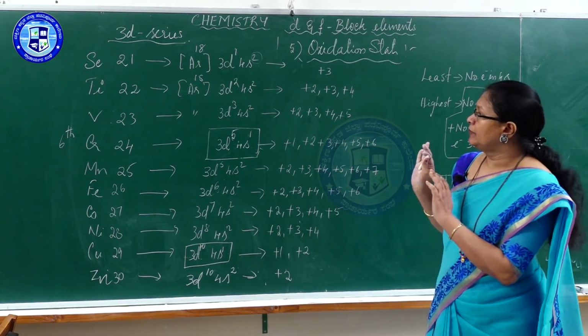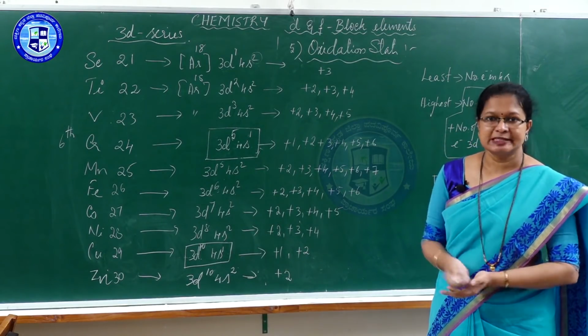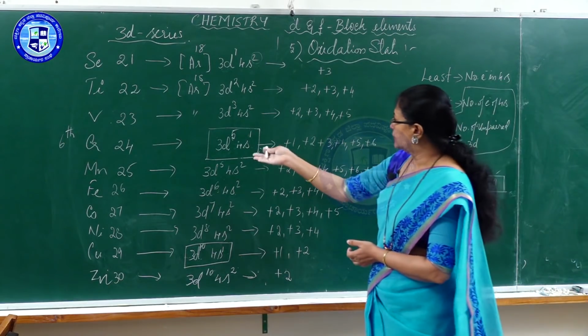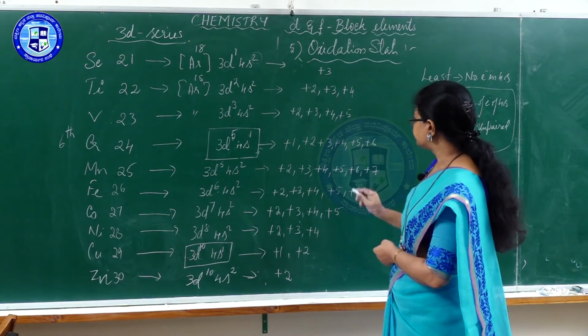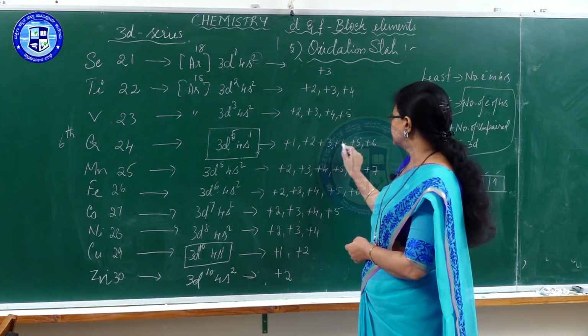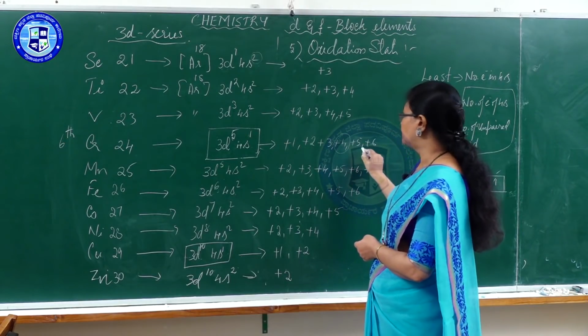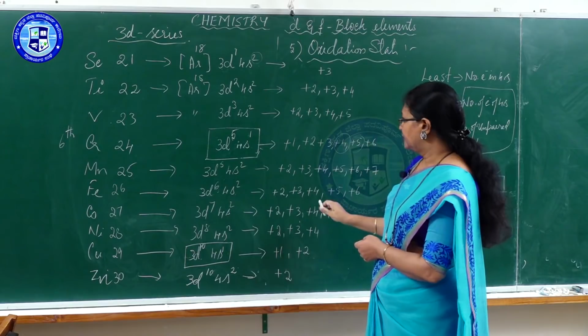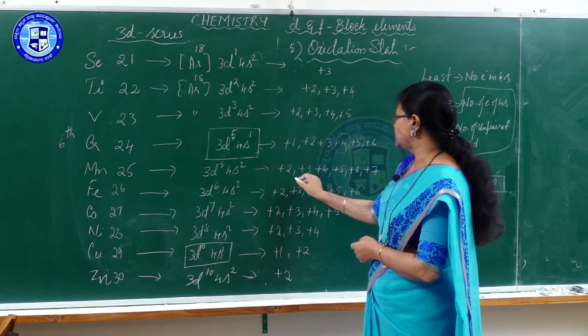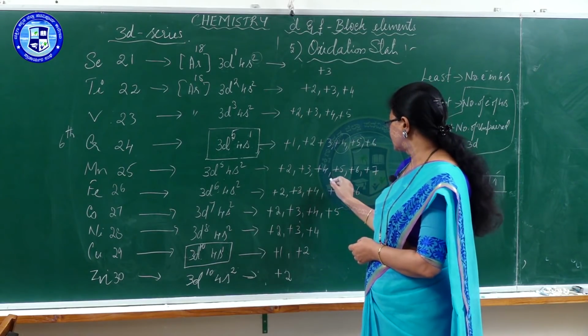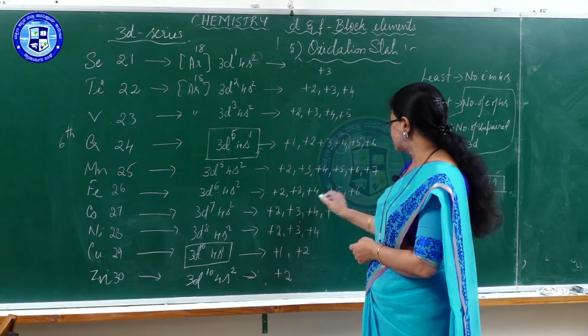Some among them are not possible due to experimental reasons, like chromium. Chromium can exhibit +1, +2, +3; +4 is not seen in chromium, +5 is not seen, whereas manganese can also show these oxidation states, but not higher ones.